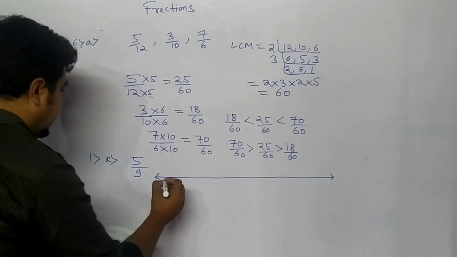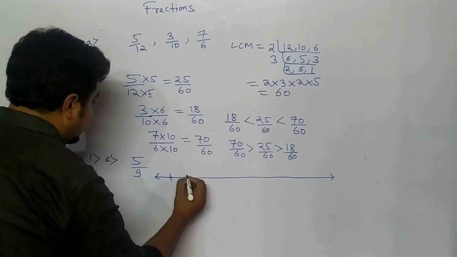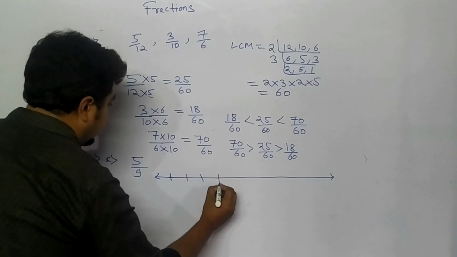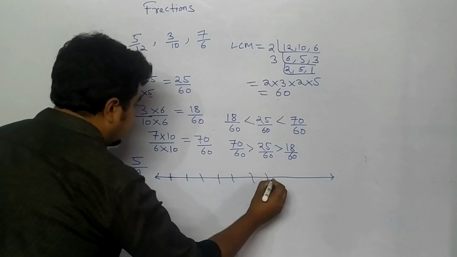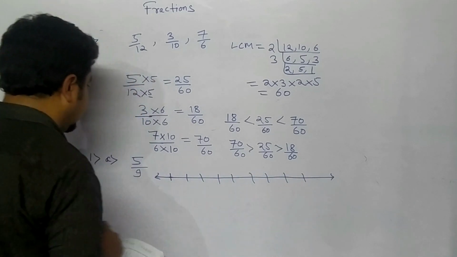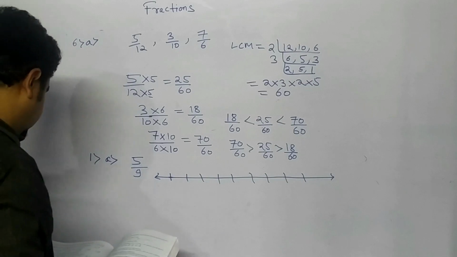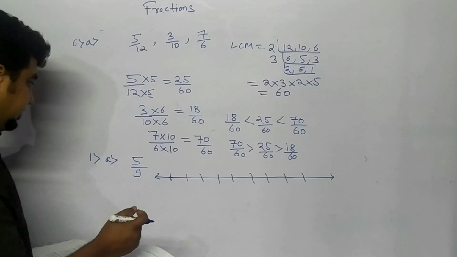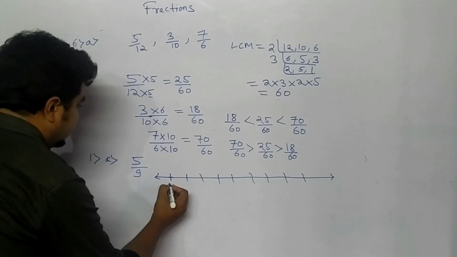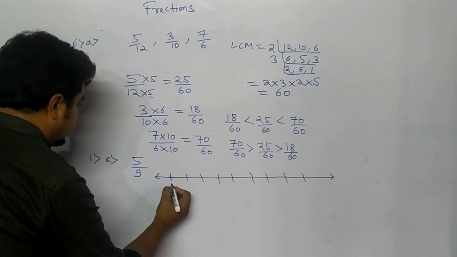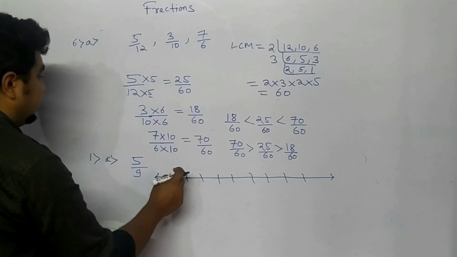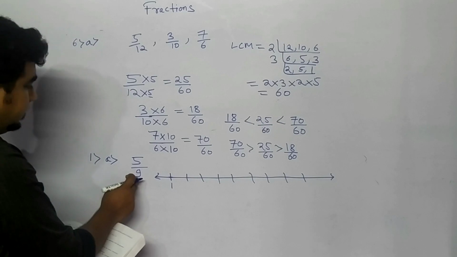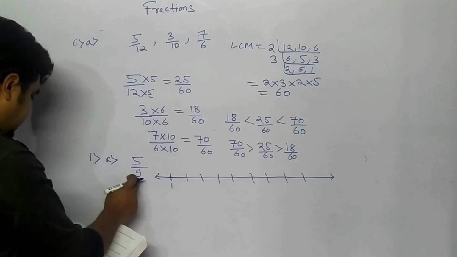Then you mark 1, 2, 3, 4, 5, 6, 7, 8, 9. These are the points which I have marked. How many parts have I drawn? 9 parts. Is it clear?